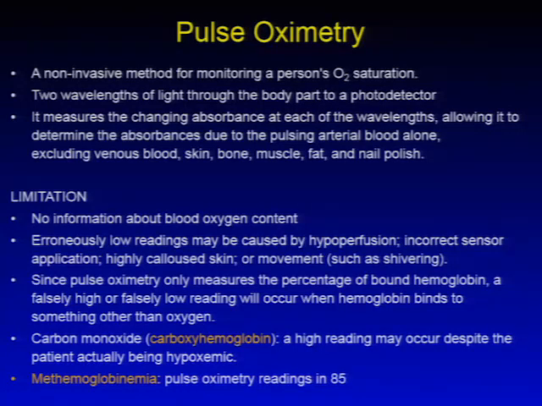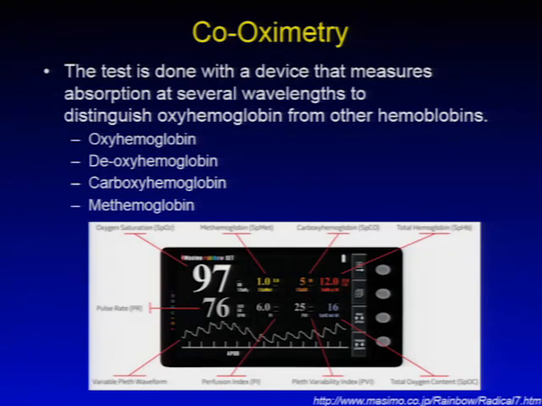Therefore, that will give you a reading of 85. In order to prevent that from happening, nowadays a newer device called co-oximetry is in practice. This device provides oxyhemoglobin and deoxyhemoglobin, and also carboxyhemoglobin and methemoglobin measurements.